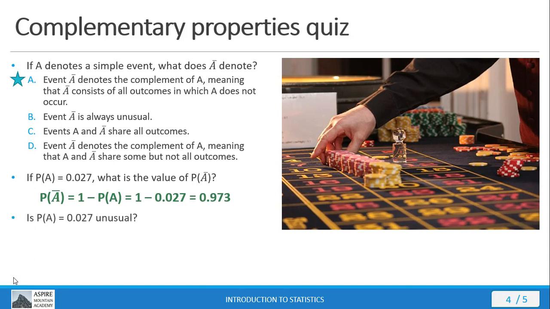Is this value of P, the probability of A occurring, equal to 0.027, unusual? Again, feel free to stop the video, come back, and we'll see how you did. Okay, in this case, it is going to be unusual because the probability that we're looking at is less than 5%.